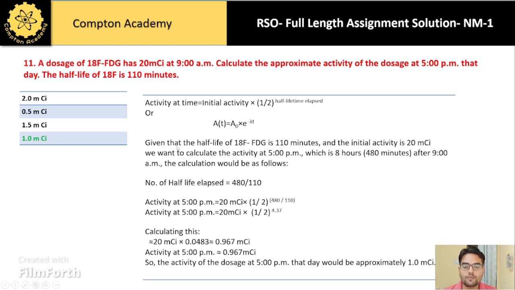So by using the first equation, the number of half-lives elapsed can be calculated as 480 divided by 110, which comes around 4.37, and the activity at 5 pm will be 20 millicurie multiplied by 1 by 2 raised to power 4.37. This will come around 0.967 millicurie, approximately 1 millicurie. So 1 millicurie will be the correct answer for this.